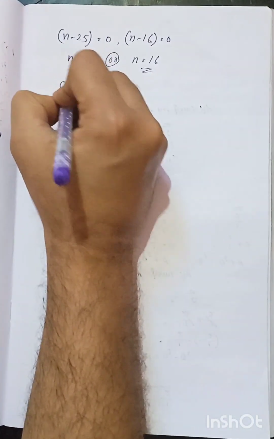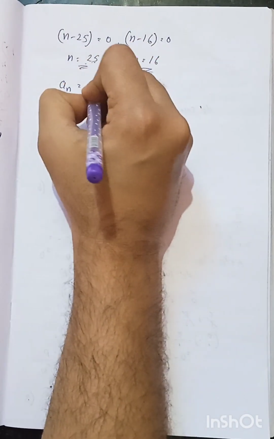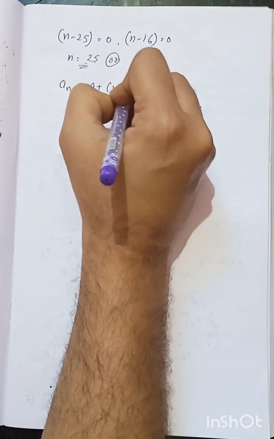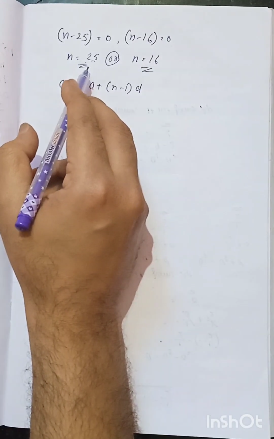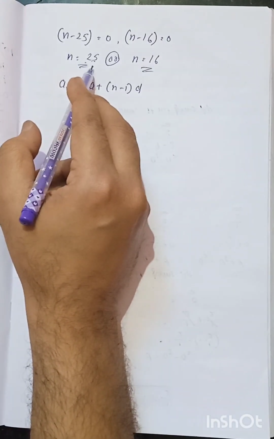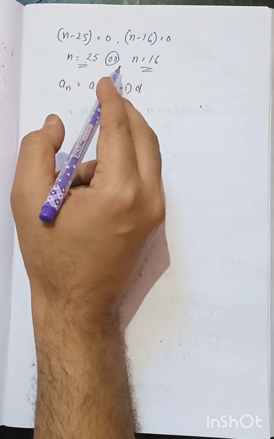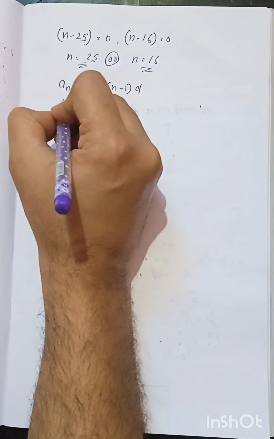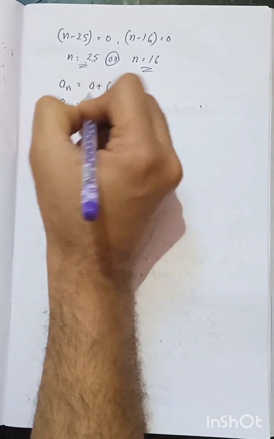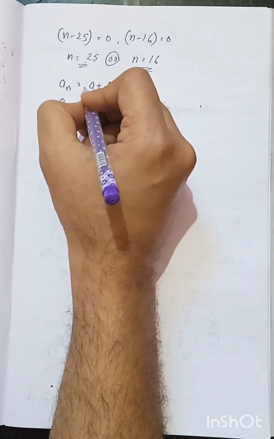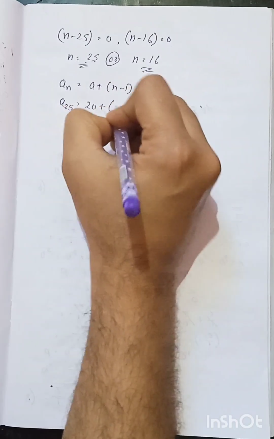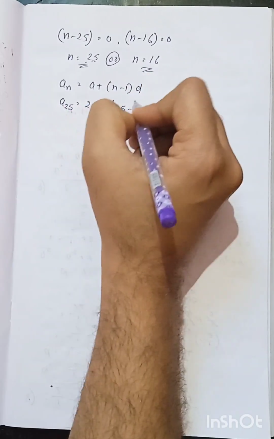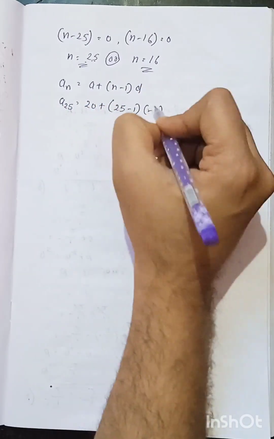Now, an equals a plus n minus 1 into d. Now I will take a as 20, n equals 25 and n equals 16. I can take 25 first. a means 20, and n means 25, minus 1, and d is minus 1.